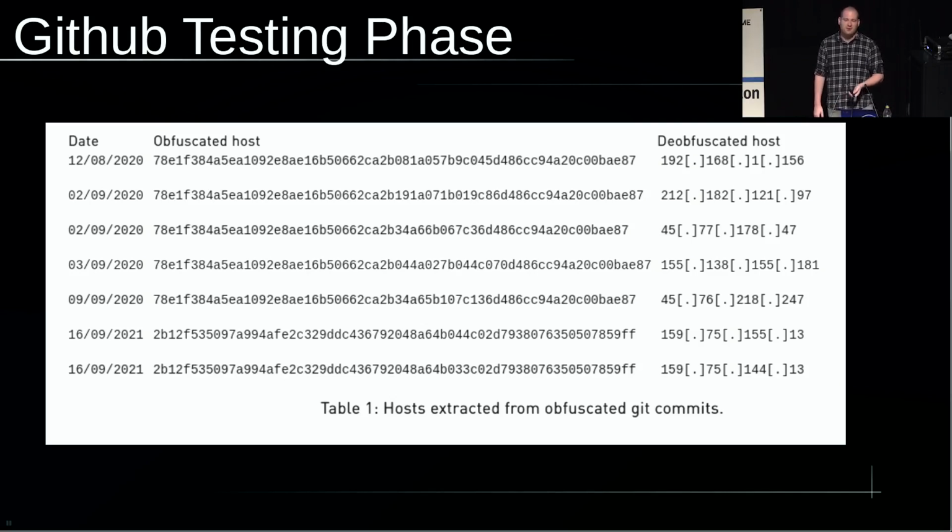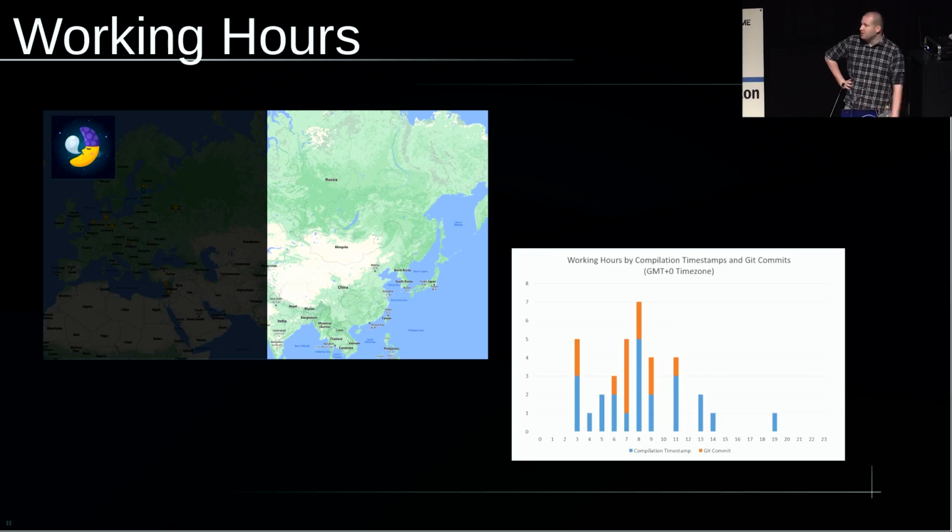One nice thing that we were able to get out of all of these Git commits is their timestamps. And the nice thing about the timestamps of those commits is that they line up with the timestamps for the compilation of the various malicious executables used in this campaign. Usually when looking at the timestamps of malicious executables, you can't really trust them. It's really easy to fake them.